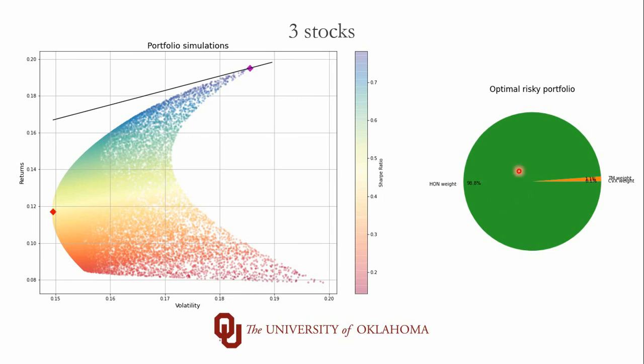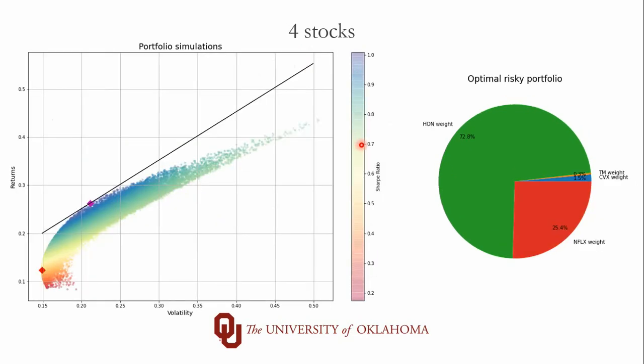So it makes sense that a lot of weight in this portfolio is assigned to Honeywell. We can see the simulations here. Again, purple diamond and red diamond: highest Sharpe ratio, lowest risk. Here's the scale that was shown in all previous plots too.